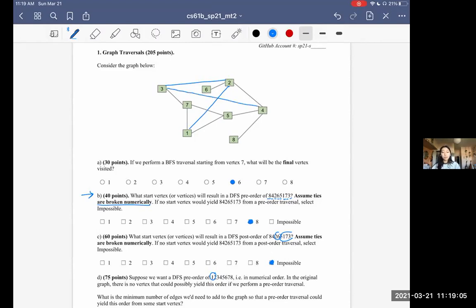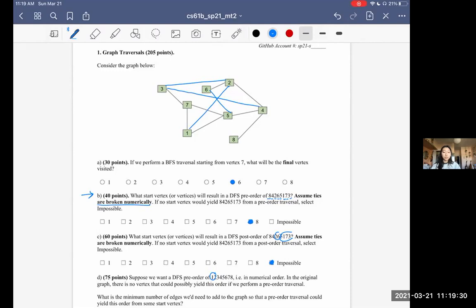Cool. And then we see 4 does in fact have a direct edge to 5. So we're all good here. And so we add this. And now 5 has a direct edge to 6, which means this will be visited next.